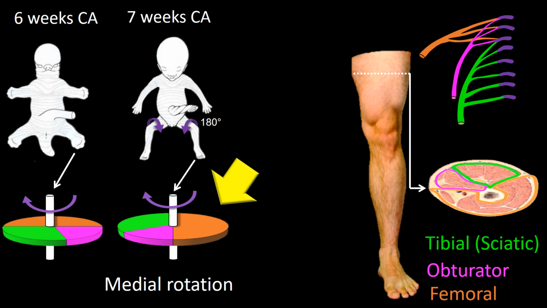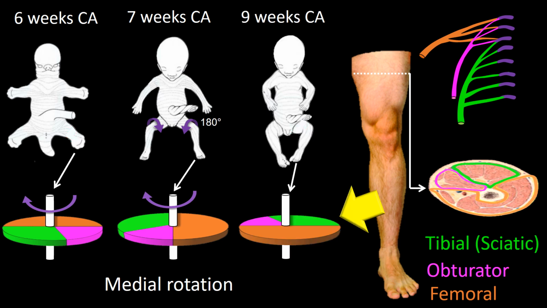Notice the position of each muscle group as compared to the 6 weeks embryo. Notice, for example, the rotation of the femoral innervated muscles. By 9 weeks of conceptual age, the rotation is complete, corresponding to what we find in adults.